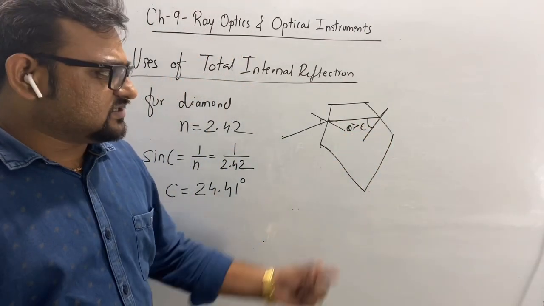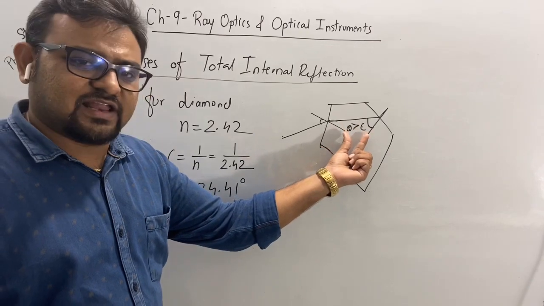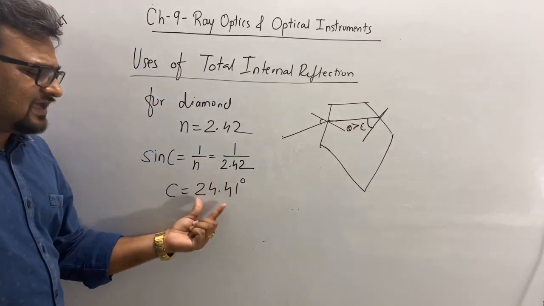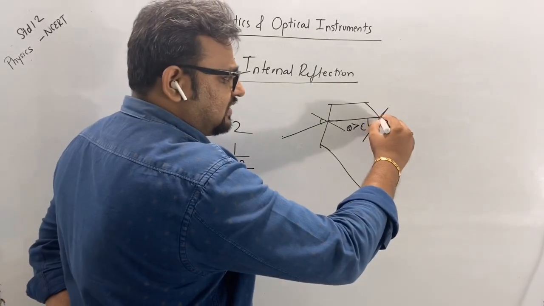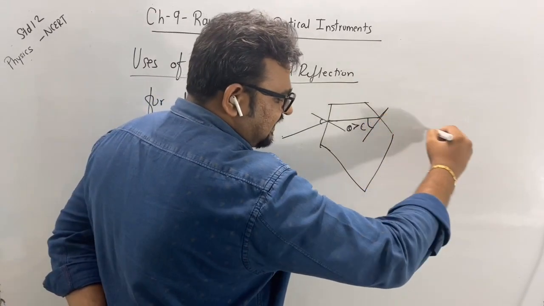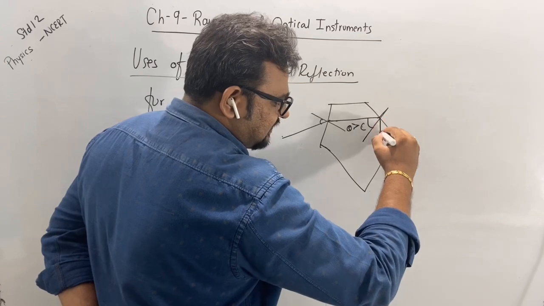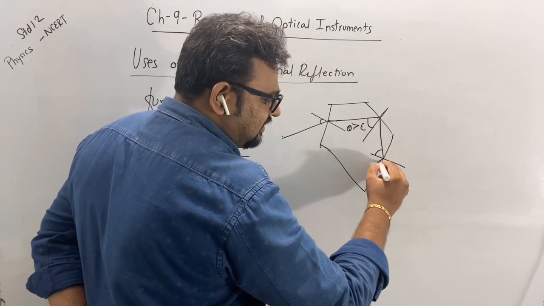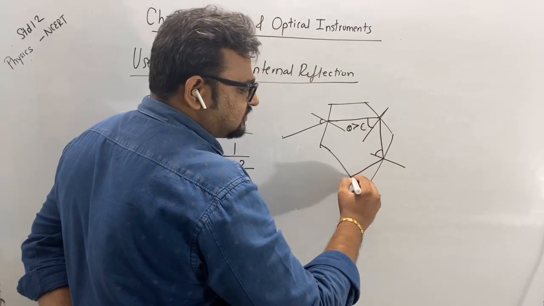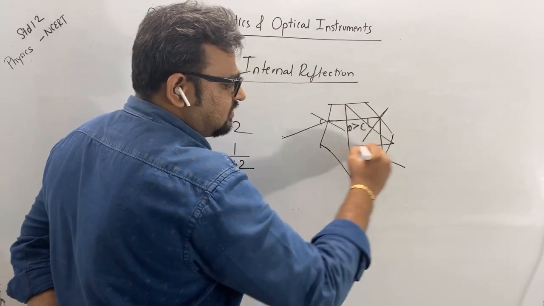In most cases, this angle will be greater than the critical angle because the critical angle is very small, 24.41. So this ray will not be refracted. Instead, it will be reflected. Again, this will be greater than the critical angle, reflected. Again, and so on.